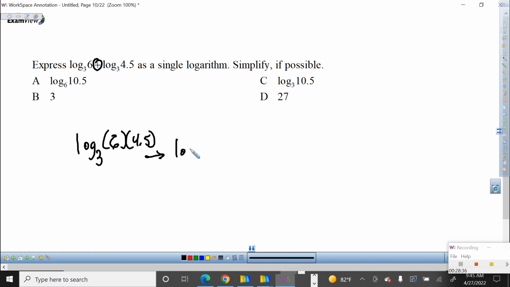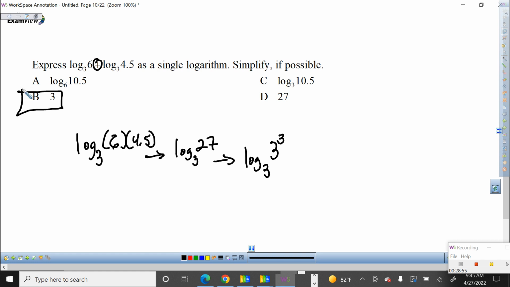So this becomes log base 3. 6 times 4.5 is 27. What is 27 in base 3? 3 to the what? To the 3rd power, yes. So therefore the answer is B.